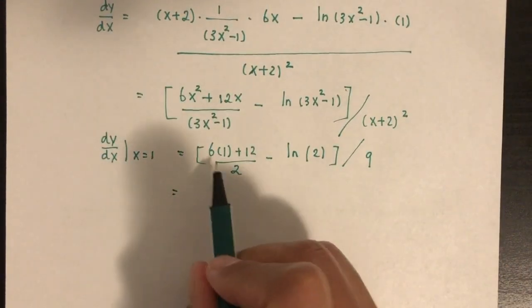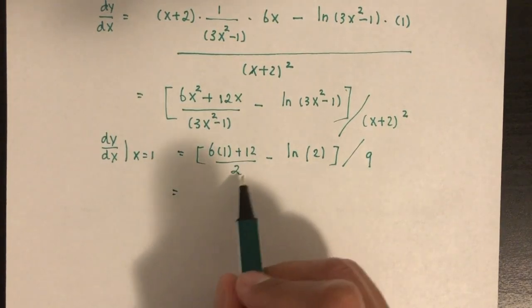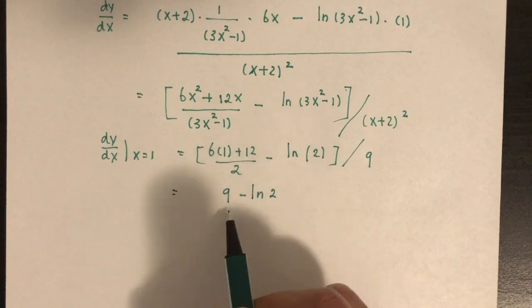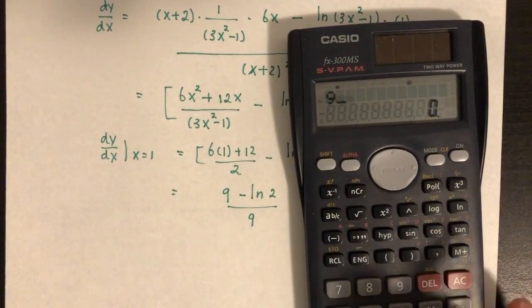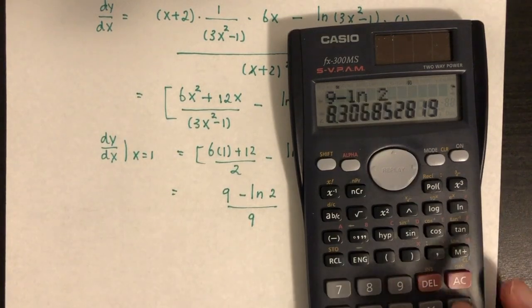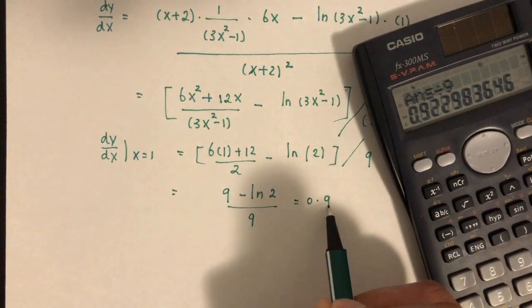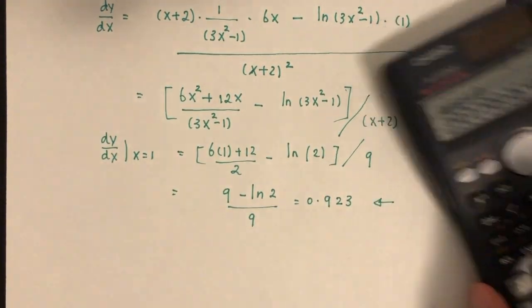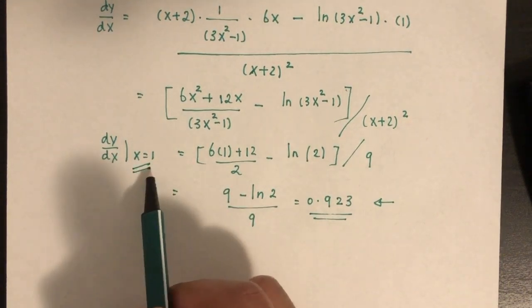So let's simplify. 6 times 1 is 6, plus 12 is 18, divided by 2, that will be 9, minus ln 2 over 9. So let's find this, correct to 3 decimal places. That will be 0.923. Okay, so that is the gradient of the line at the point x equal to 1.